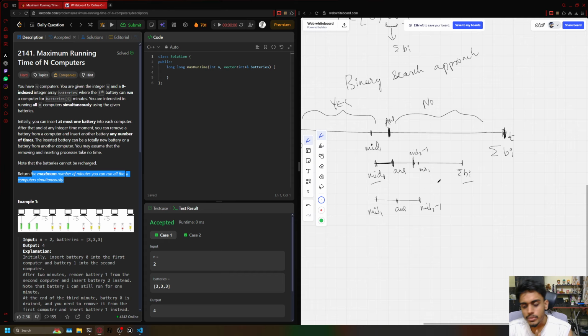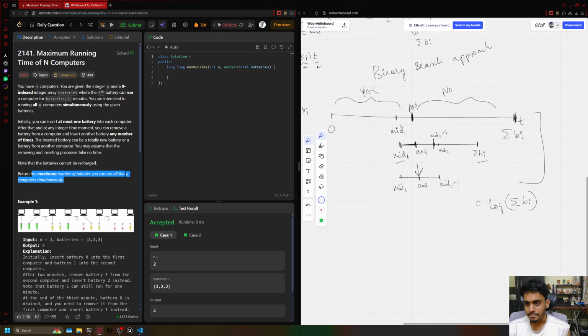So eventually using binary search, it will happen at a time where I'm touching my answer, and I'll be doing this in log of my maximum size of search space, which is log of the summation of b_i.